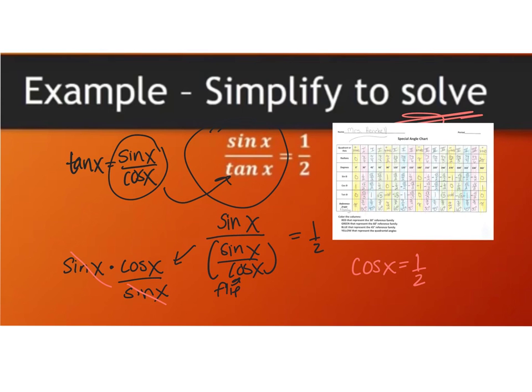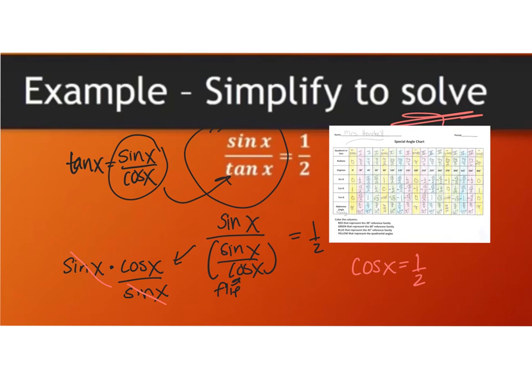If we look at our table for cosine, when it equals 1/2, we have here and also here. Now we're just writing down the radians for that. So the answer to this problem is that x equals pi over 3 plus or minus 2 pi k, and also that x equals 5 pi over 3 plus or minus 2 pi k.